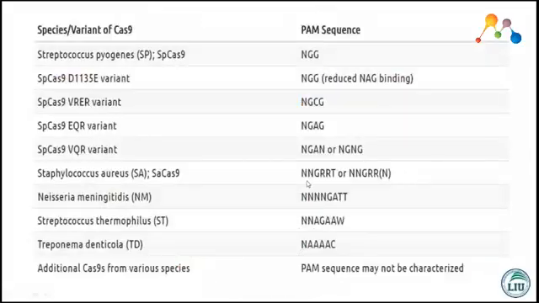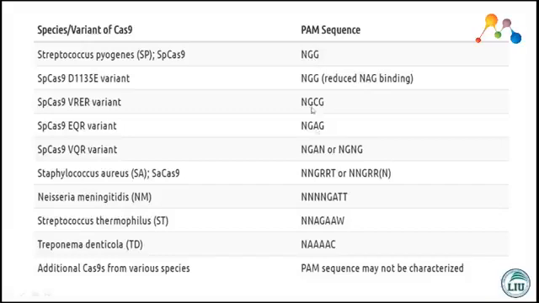Today, we have a large number of studies running to identify these PAM sequences. These PAMs prevent the cleavage of the bacterial own genome at sequences that are complementary to the CRISPR RNA. But because of the simplicity of the Streptococcus pyogenes PAM sequence, it can be used for a large number of applications.